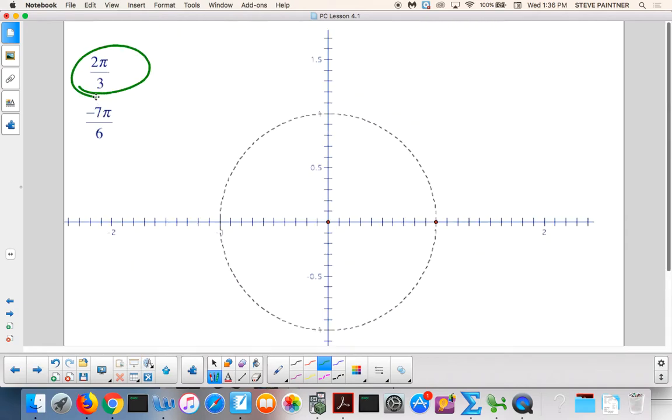Let's do this one. Do 2/3 pi. It'd be really good if you graph it. It just would. So make a sketch.